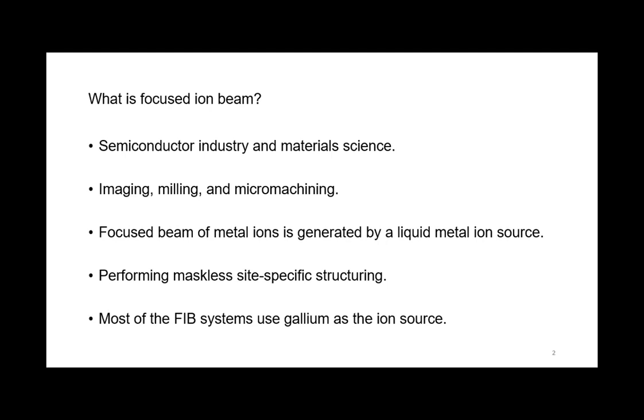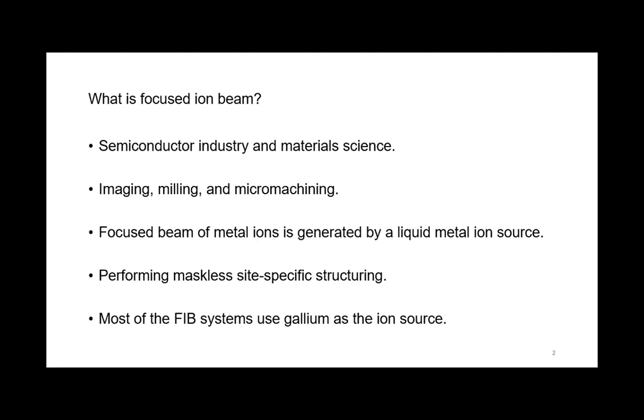It can also be used for milling. Milling is sometimes used to describe removing material. When you use this ion beam, it can transfer energy to the substrate, and if that kinetic energy is higher than the binding energy of the atoms in the substrate, it can eject the atoms from the substrate.